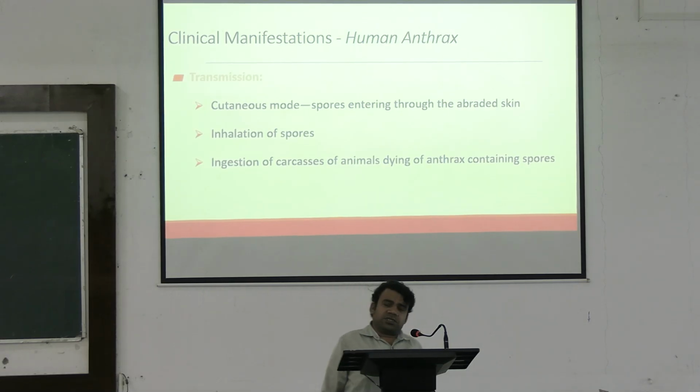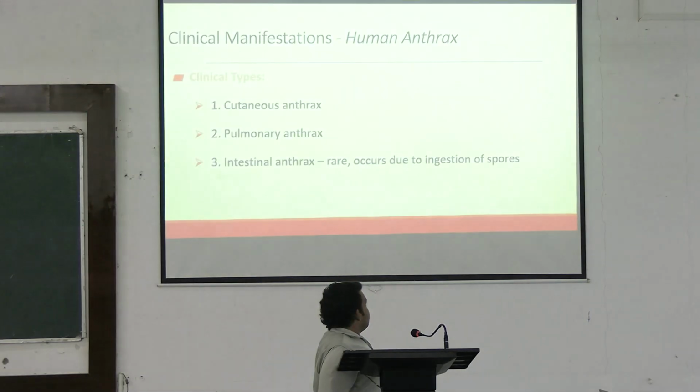And much lesser probability is ingestion of the spore. Now, what will be the manifestations? If the spores enter the body through abraded skin, the cutaneous manifestations will be seen. If the spores are inhaled, then respiratory manifestations are seen, and if they are ingested, then intestinal anthrax can be seen.